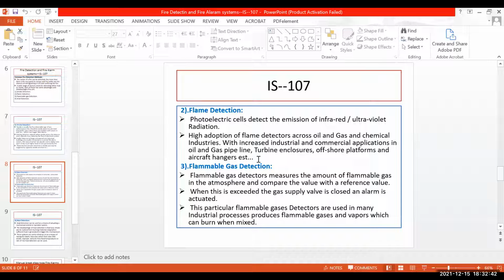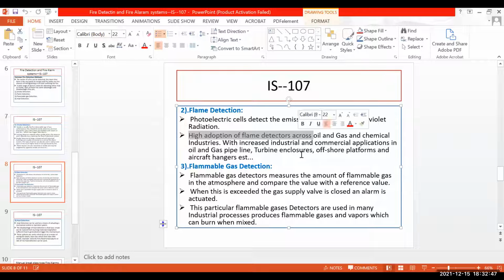See, flame detectors, as I have told you, have high adoption across oil and gas and chemical industries. These are more useful there, with increased industrial and commercial applications in oil and gas pipelines and turbine enclosures. Turbine enclosures are the turbines in power plants as well as in oil and gas, but those are different types.